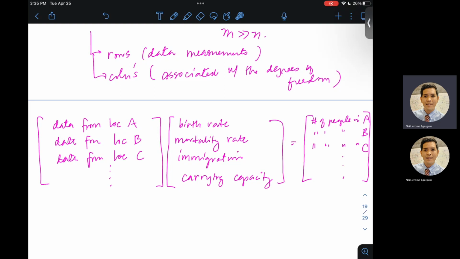Now, one aspect of data science, again, is that the right-hand side may be coming from physical measurements. And we know that physical measurements are not perfect. There is some associated measurement error. There could be some noise in how data is collected and so on.